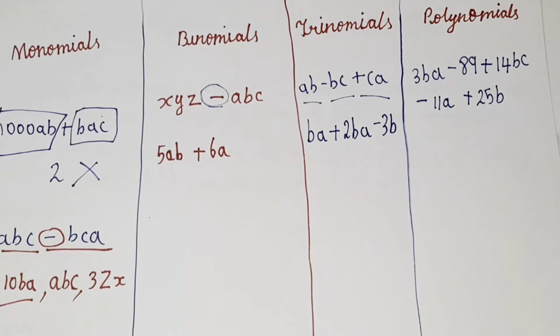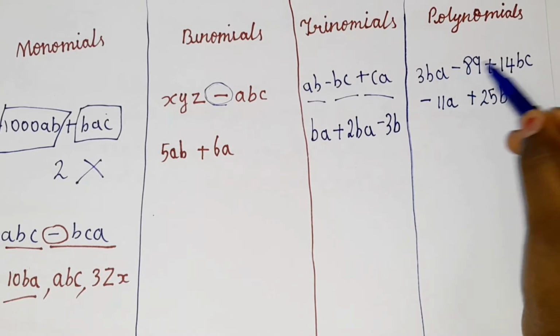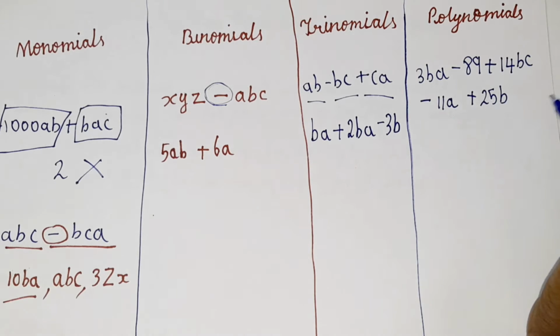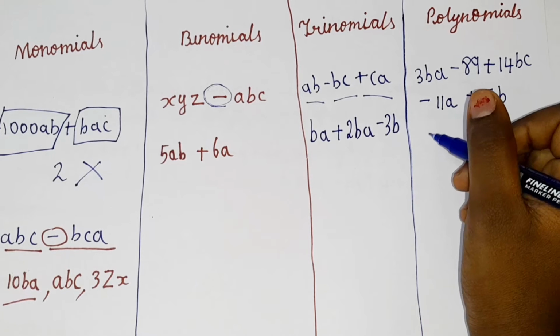This is a polynomial because it's having 5 terms. So a polynomial can have 4 or more terms, okay. So 1, 2, 3, 4 and 5. So this is a polynomial. Another example, let me give another example.